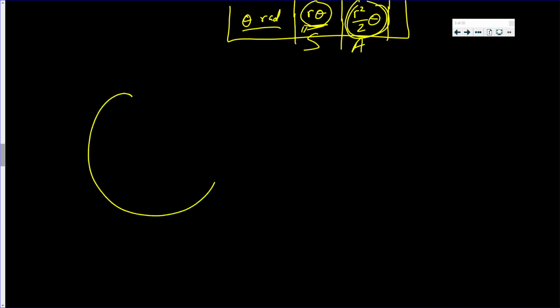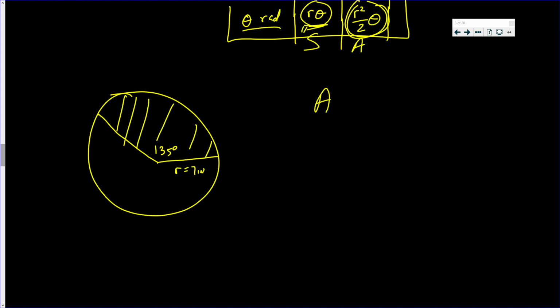Suppose you are told that this is 135 degrees and that r is 7 inches. The instructions are to find the area. Well, that is, find this area. Well, we know the formula is r squared over 2 theta.